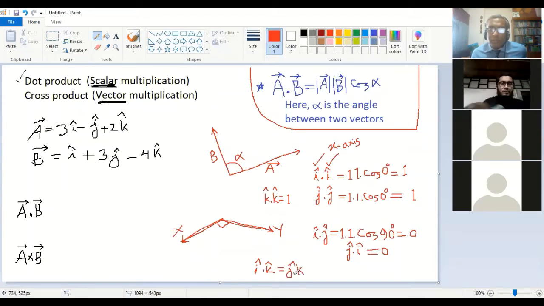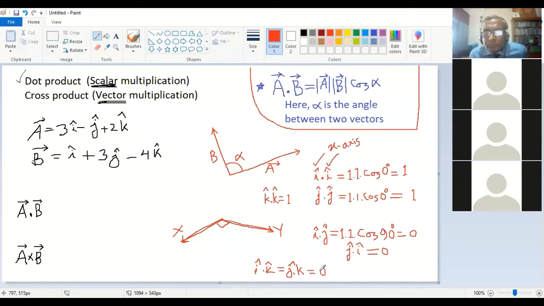Sir, the universal value of i cap, j cap, and k cap is 1. It is called the magnitude of that vector, because all these are unit vectors. So i, j, k are unit vectors. Unit vectors means the value will be 1.